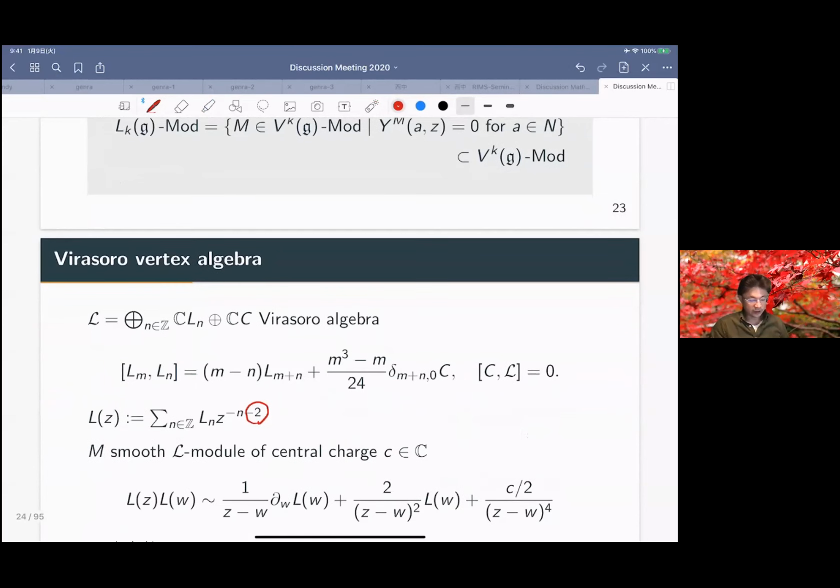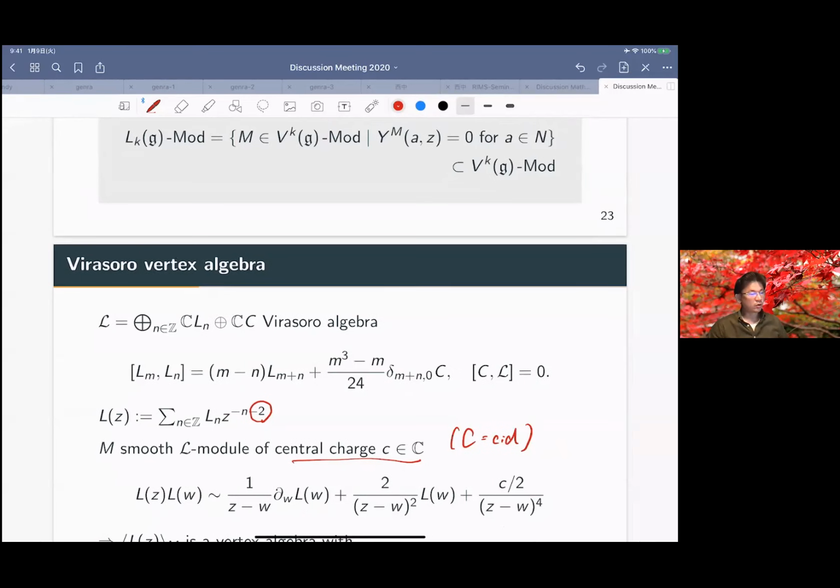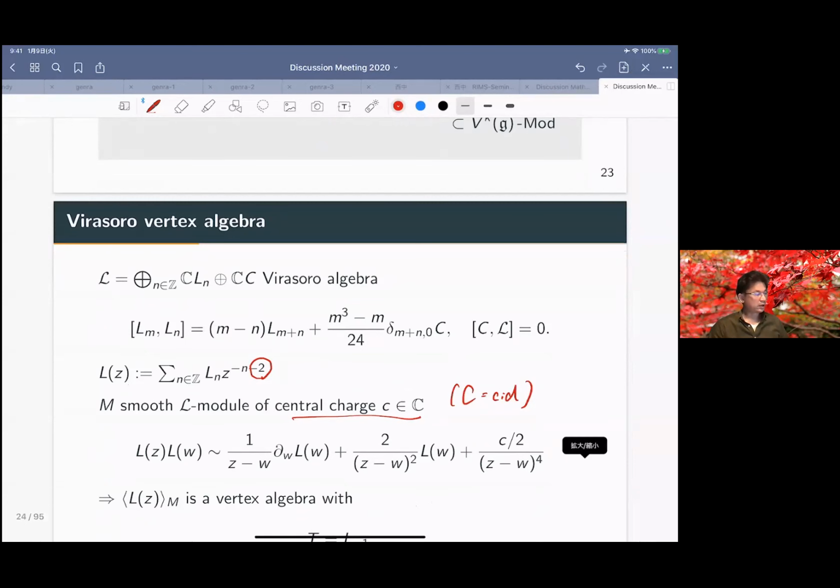And for any smooth Vir-module of central charge c, the central charge c means that this big C central element acts as the identity times c. The commutation relation means that this L(z) is local to itself and has this OPE.